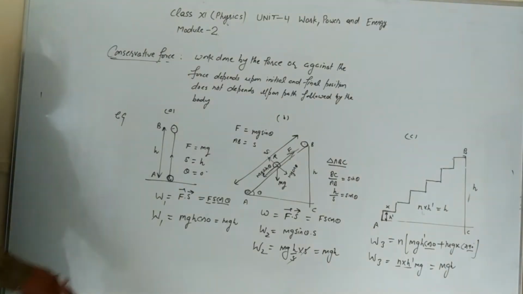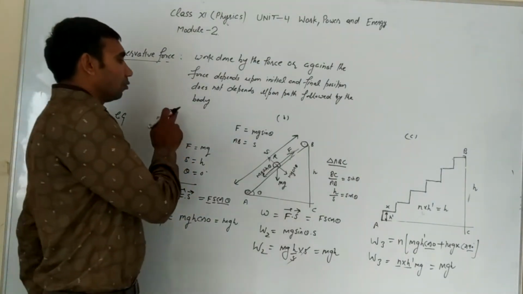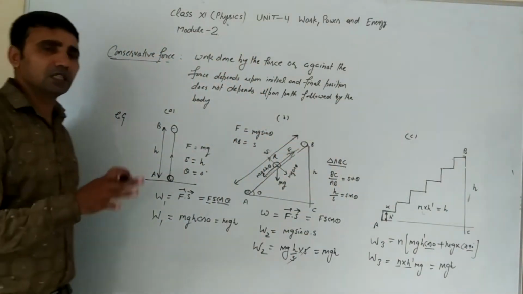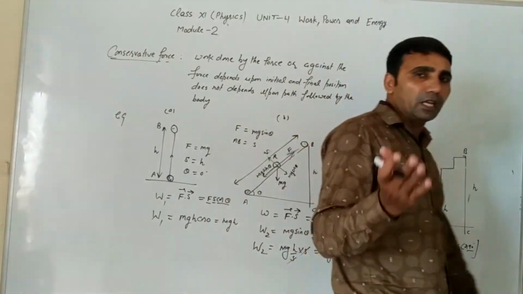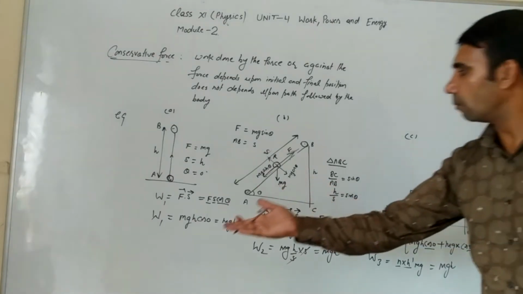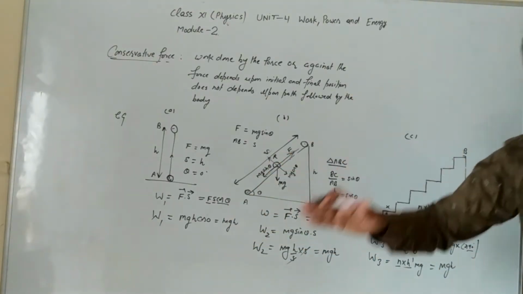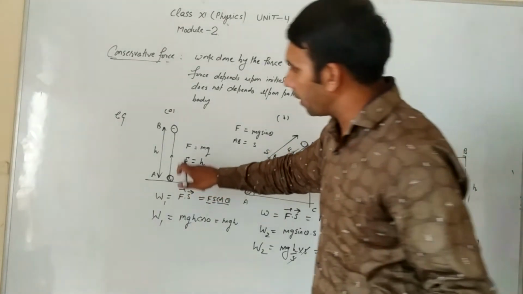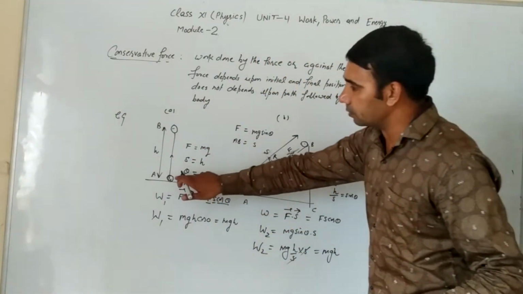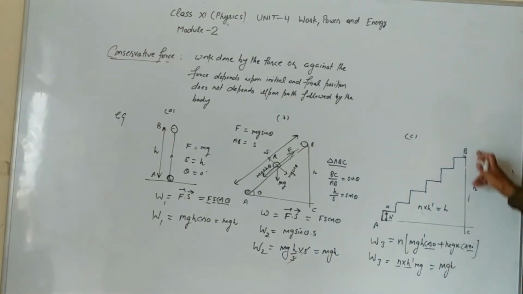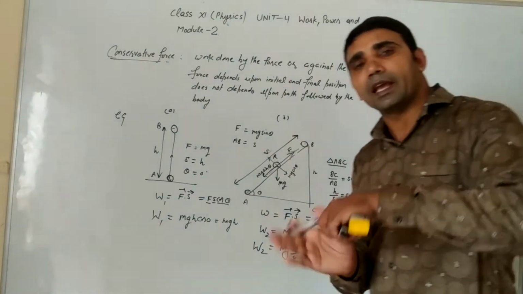In all three cases, A, B and C, the path is different. In the first case, the body is lifted vertically upward. In the second case, the body moves over an inclined plane. In the third case, the body moves along the stairs. The path is different, but the initial position and final position are the same, and the height is h.